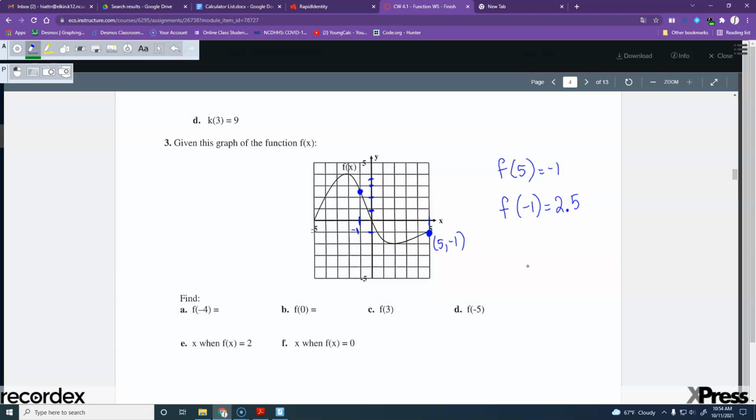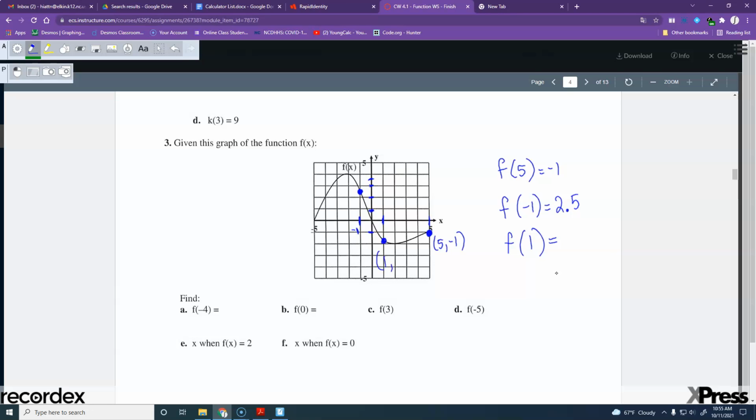Let's see, Caroline, what about if I ask for f of 1? You might have to estimate on this one as well. One is right here on our x-axis, so we're looking at this point right here.